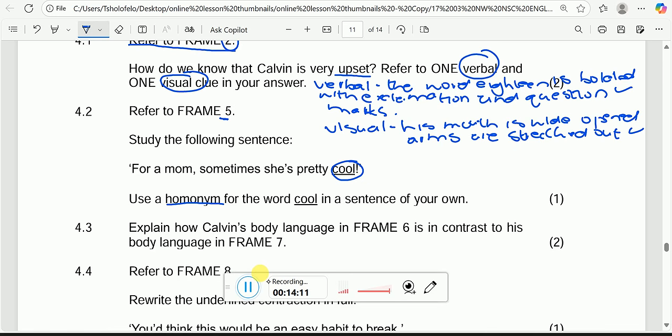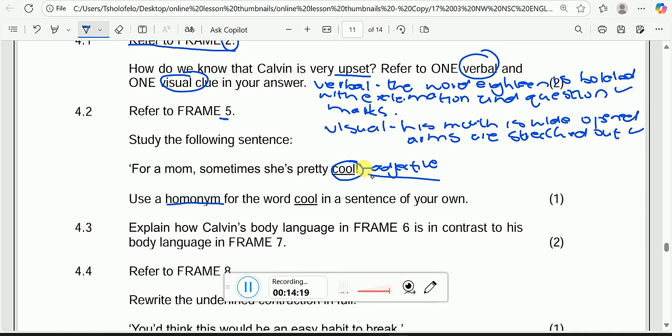For a mom, sometimes she's pretty cool. So this cool is an adjective to describe the mother, the character trait of the mother. So you must come with a different definition of the word cool. For example, I can say the weather is cool during autumn.